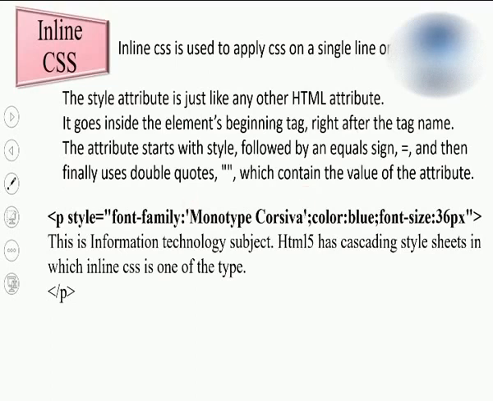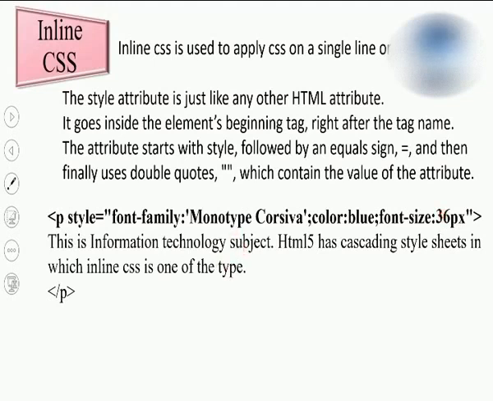So the single quote is required if there is a space in the font name. I have specified the blue color, and observe over here, this is important, the px. If I want to have the font size 36 pixels, this px is important to mention. If I do not mention this px, even if I mention 36, it won't apply the 36 font size.